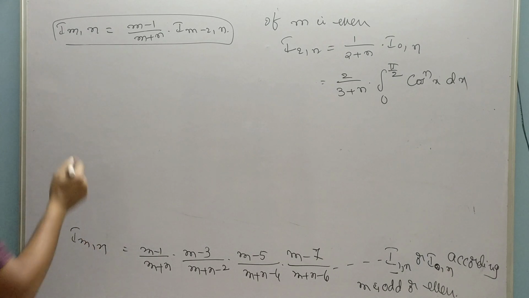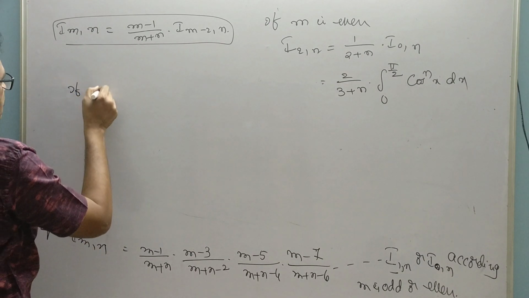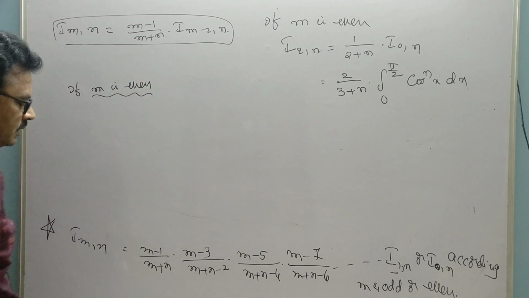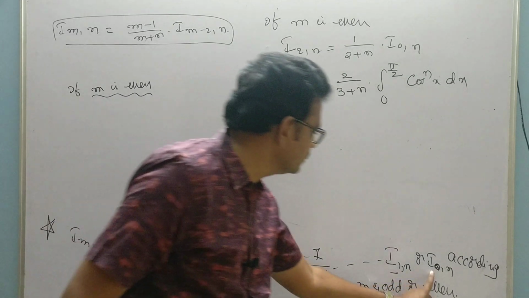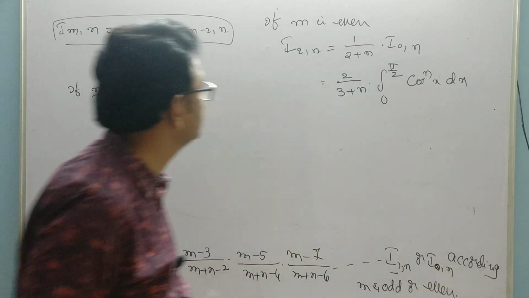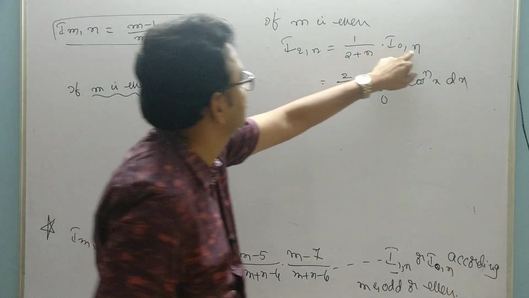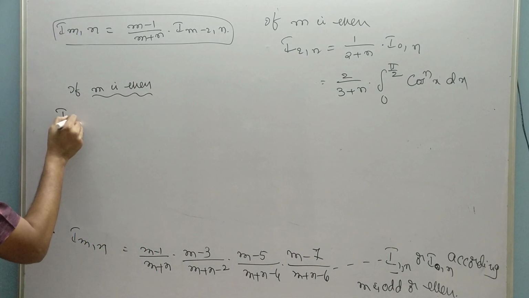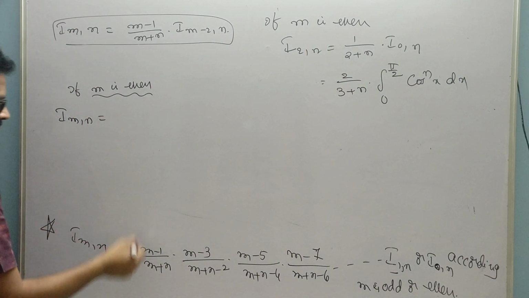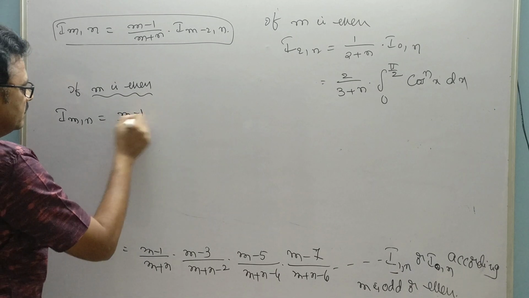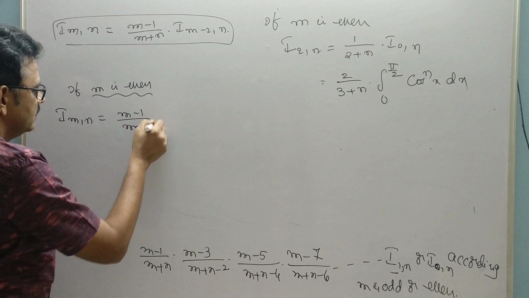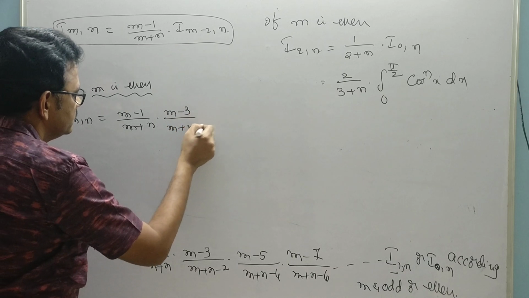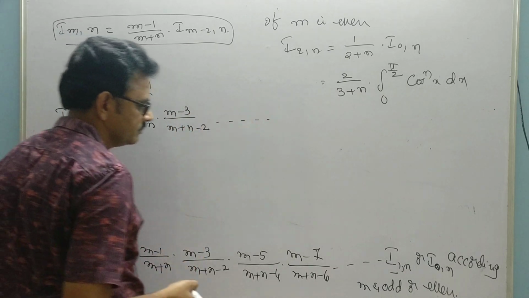Therefore, if m is even, I(m, n) is equal to (m minus 1) by (m plus n), (m minus 3) by (m plus n minus 2), and so on.